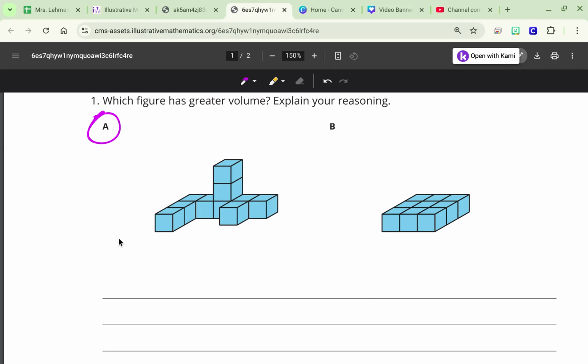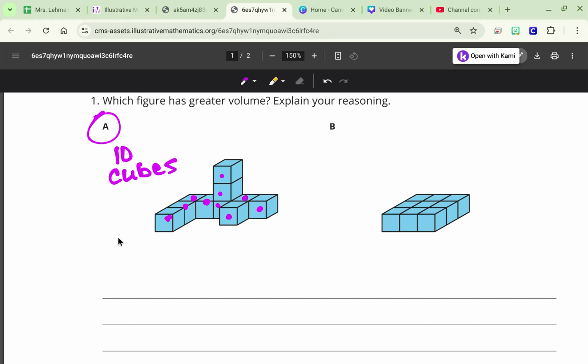So when I take a look, I can see I have 1, 2, 3, 4, 5, 6, 7, 8, 9, 10. So I can take a look at A and see that it has exactly 10 cubes.